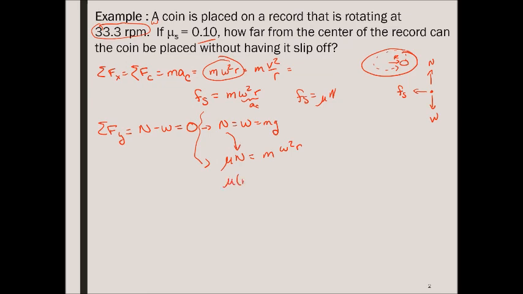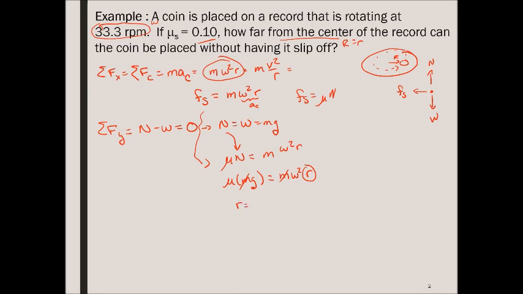So we get mu times mg is equal to m omega squared R. Nice, we can cancel masses out, so it doesn't matter if it's a penny, if it's a dime, we don't care what the mass is. And then we can solve for eventually R, because that's what we want to find, how far from the center. That looks like an R, or an r. It doesn't matter if it's upper or lower case.